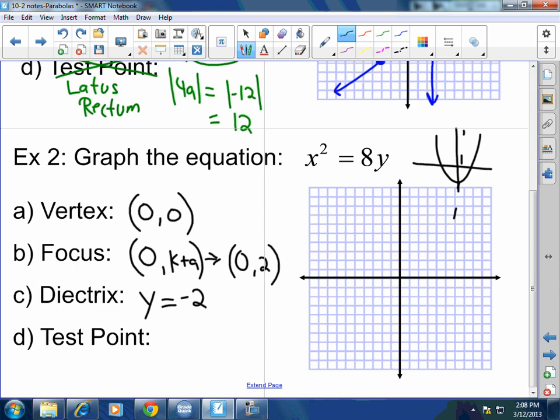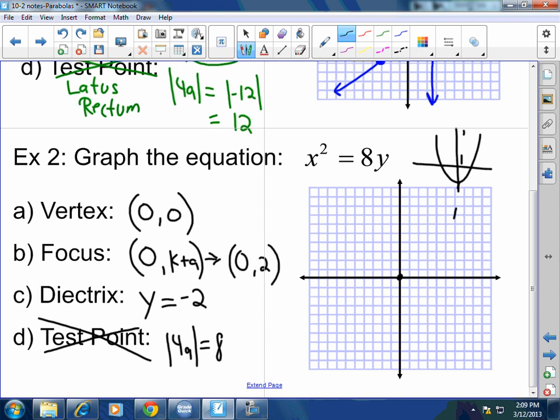Again, we're not going to do a test point. Instead, we're going to just find the length of the latus rectum, which is 4a, which in this case equals 8.